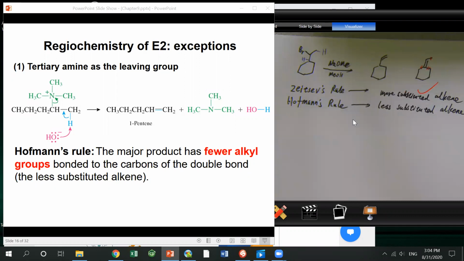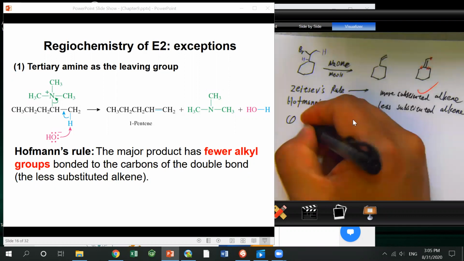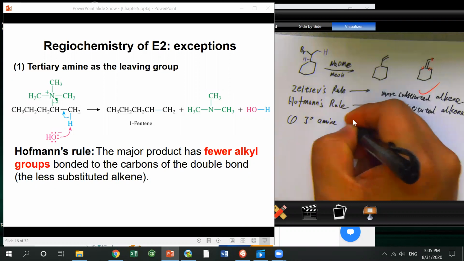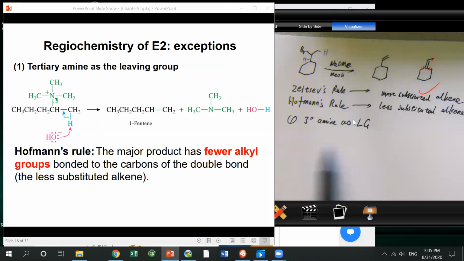The first one is if you have the tertiary amine as the leaving group. Just write down here, tertiary amine as the leaving group, and then if you apply some base, you actually generate the less substituted alkene.